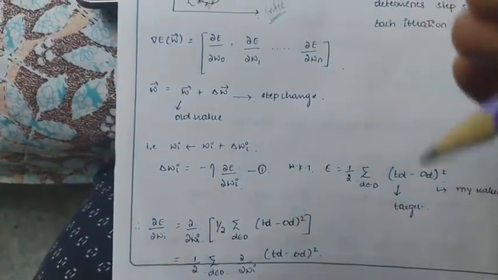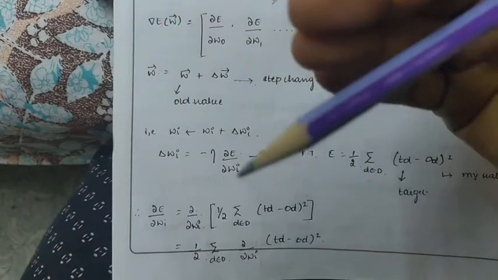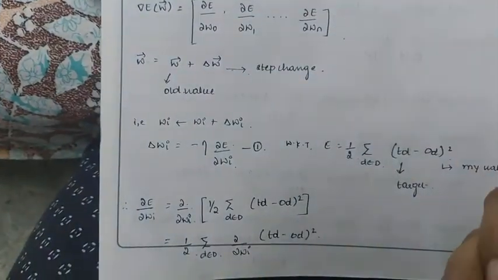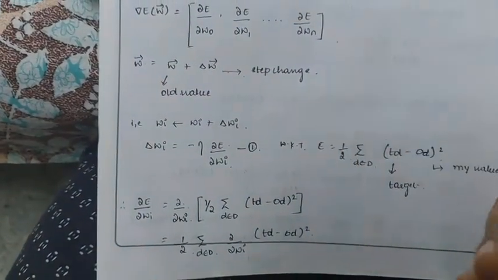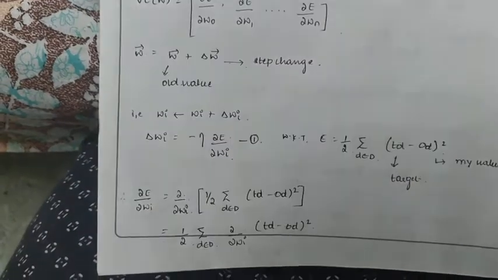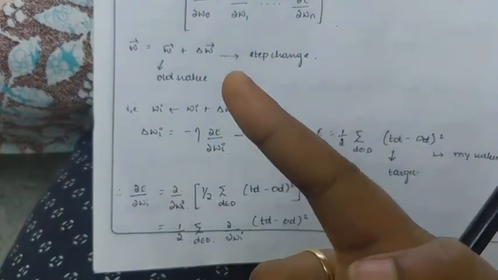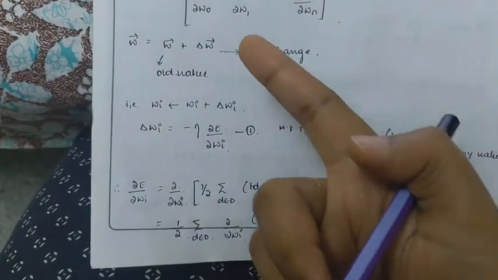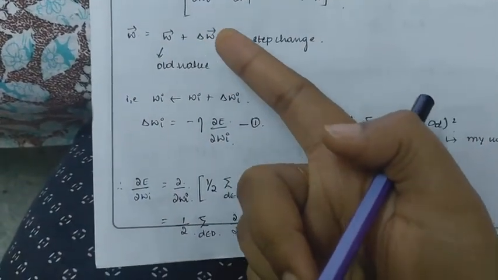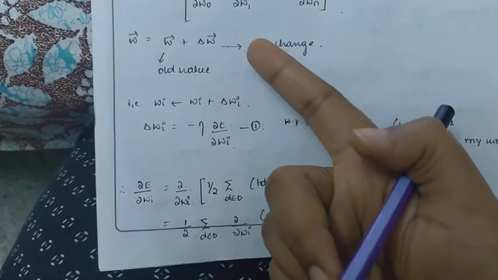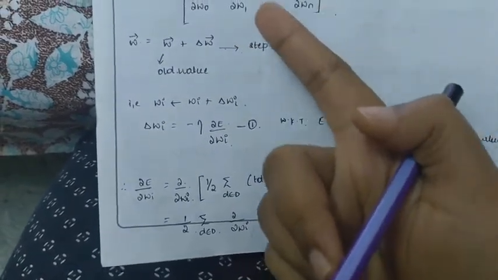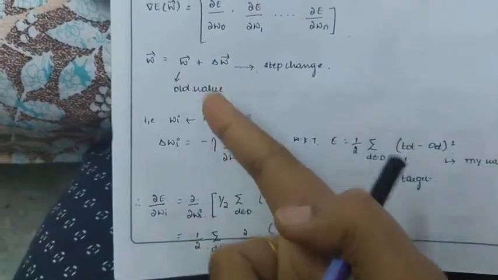We are going to calculate the error, and again calculate the output. If we get a perfect output, then it is fine. If not, we are going to back propagate, and then change the weight value by adding delta of W vector. That is nothing but a step change to the old value.